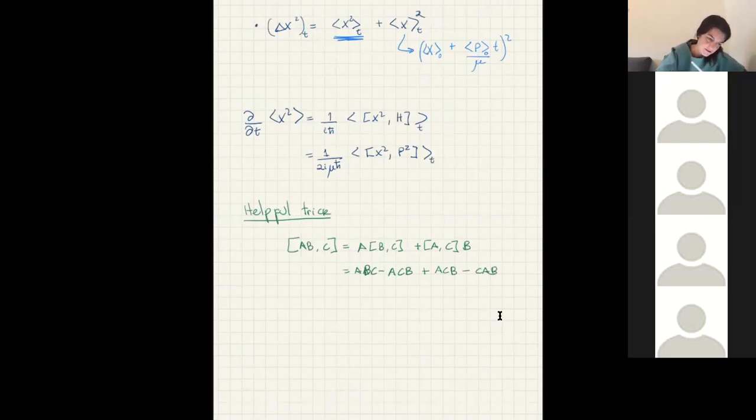And these two cancel out. So that's ABC minus CAB, which is precisely that thing up there, right? Okay. So we're going to use this now.